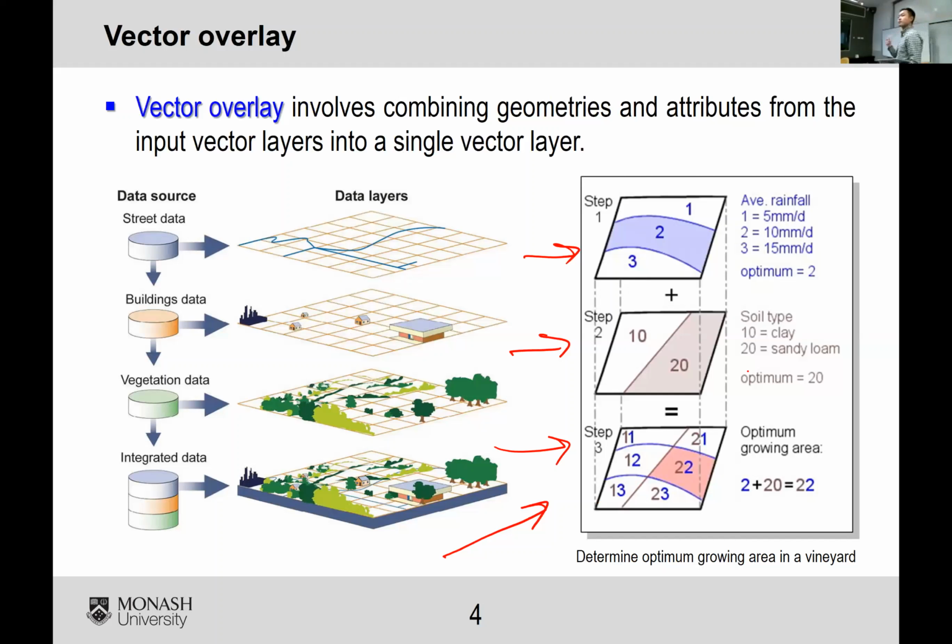And for each of these 6 polygons, we also have new attributes: the rainfall level and soil type from different input layers. So this is in general how we overlay vector data.